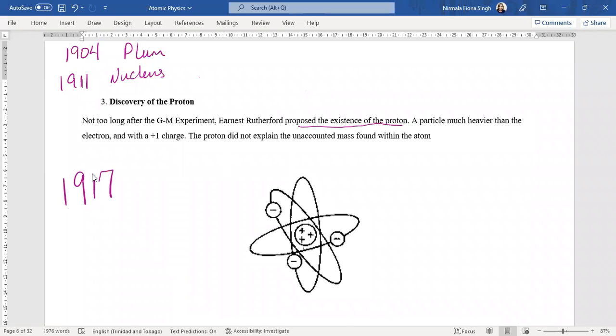Just to give you a heads up on what we mean by much heavier, a proton is 1938 times heavier than an electron. So if an electron had a mass of 1 gram, a proton was 1.9 kilograms. Much, much, much heavier.